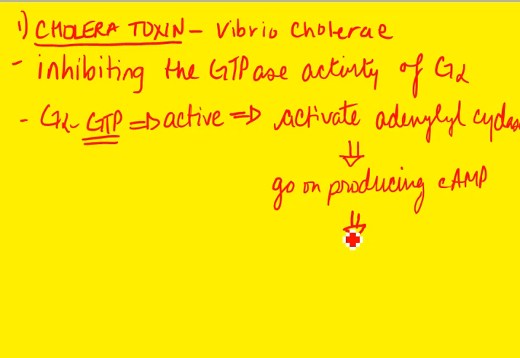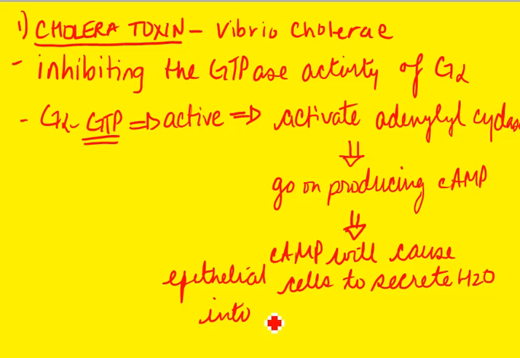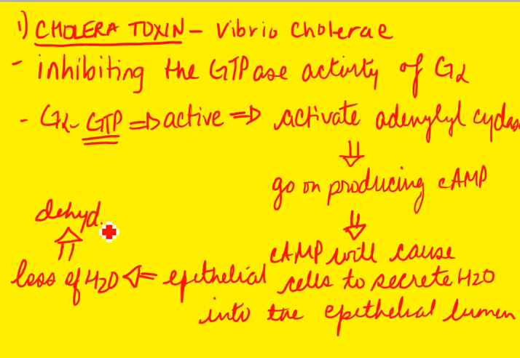If it goes on producing cyclic AMP, then cyclic AMP will cause epithelial cells to secrete water into the epithelial lumen. That leads to loss of water. Loss of water leads to dehydration. That leads to death.